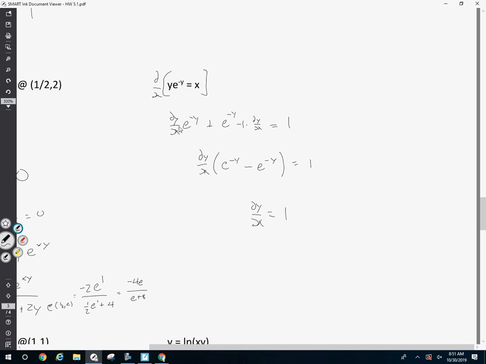The first times the second plus... Oh, Mr. Messner. Classic error. Derivative of the first times the second plus the derivative of the second times the first. I need a y here. I need a y here.